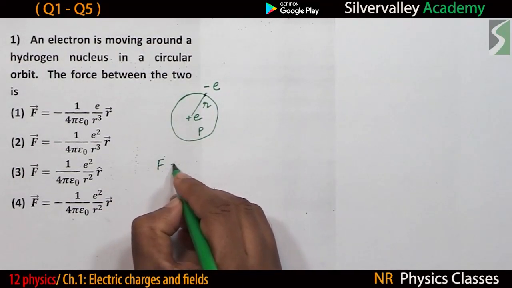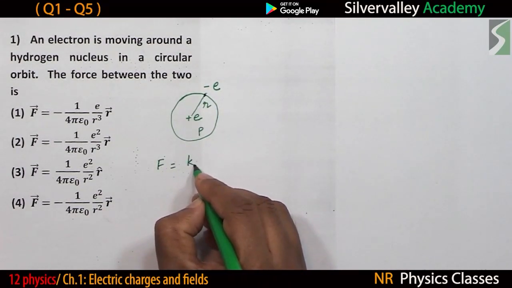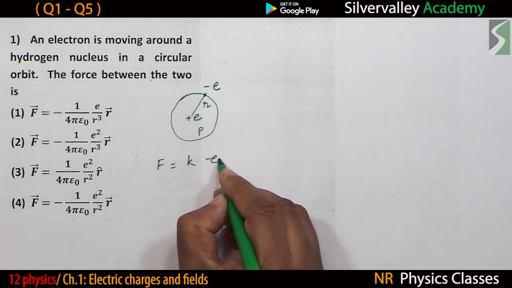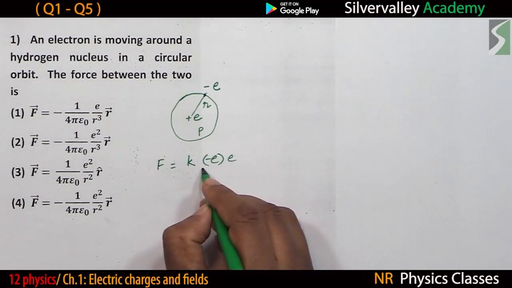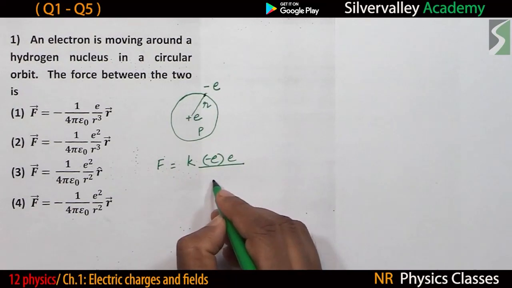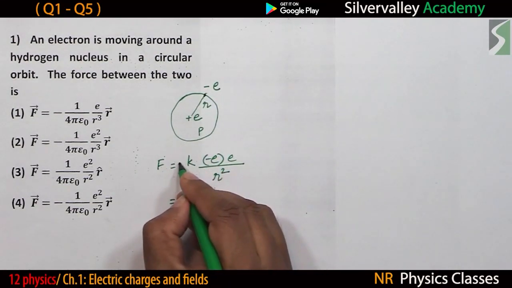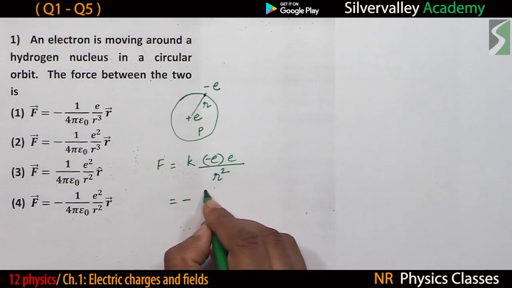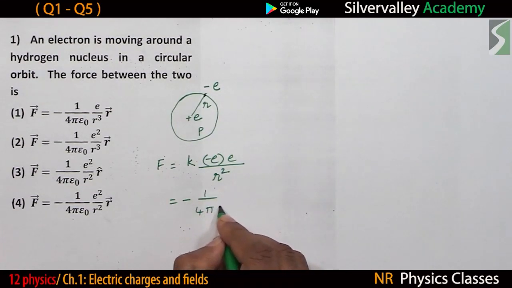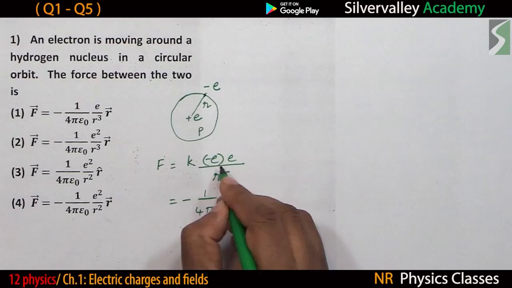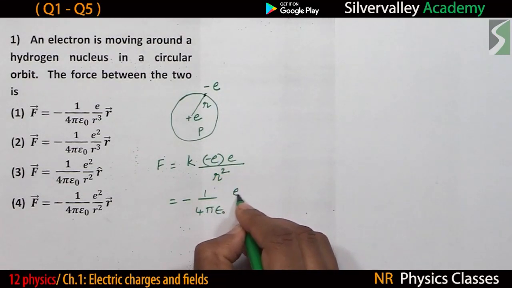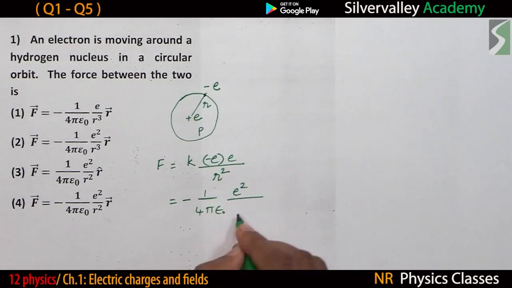Then force equals constant times charge of electron times charge of proton by distance squared, r square. So there is a negative sign. The constant is 1 by 4 pi epsilon naught, e square by r square.